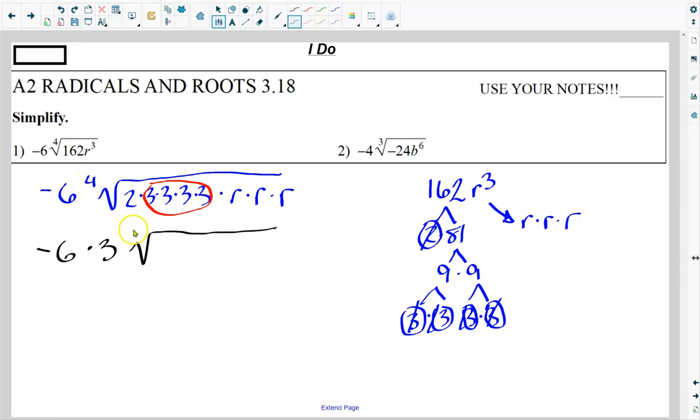But no, they gave me a 4. Okay, so I'll put the 4 in there. I'll put this back together, and I'll finish it off. Okay, really that simple.